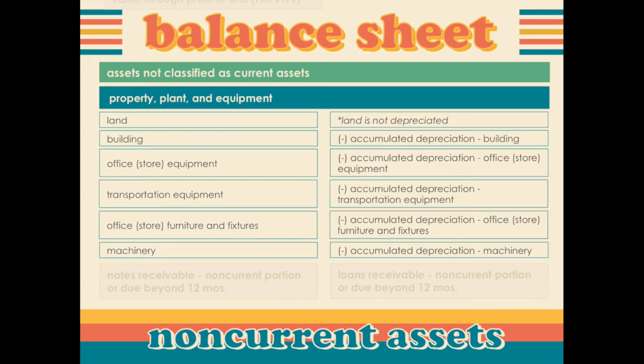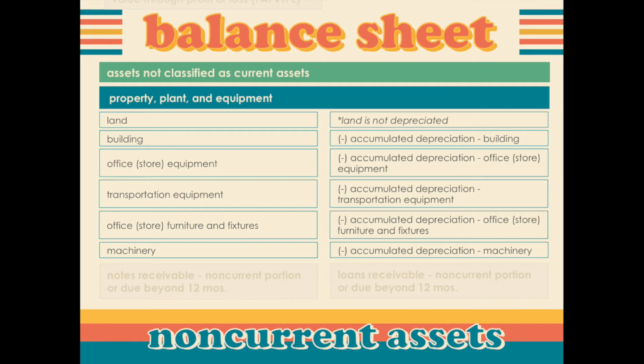Similar with the classification earlier, if these are used in the office, they are called office furniture and fixtures. If these are used in the store, they are called store furniture and fixtures. Last is machinery, which is also quite self-explanatory. So this would include machines like those used in the factory, for example, production machines or packaging machines.